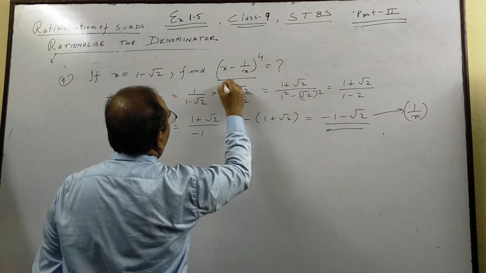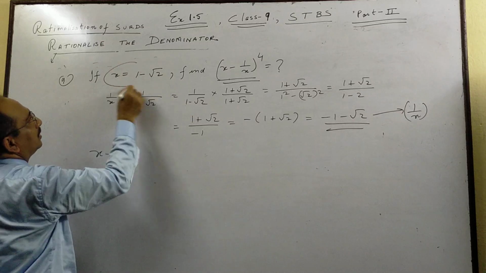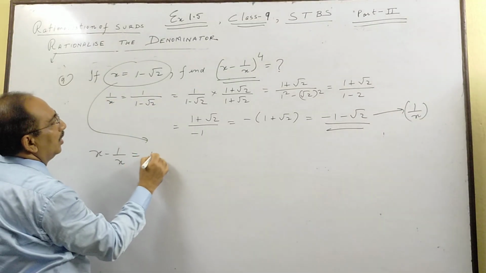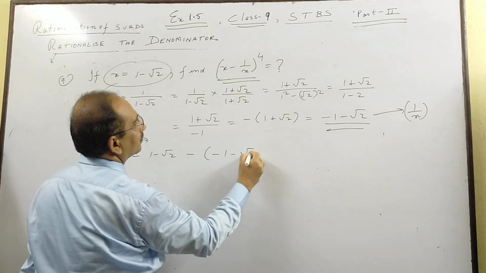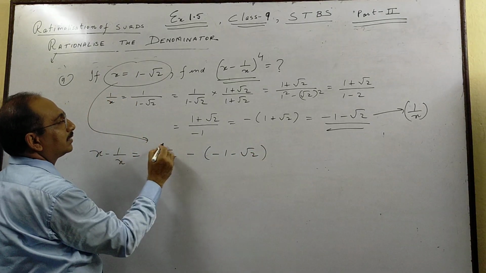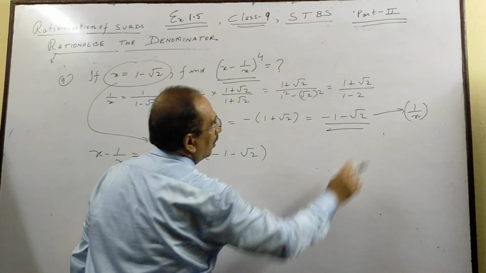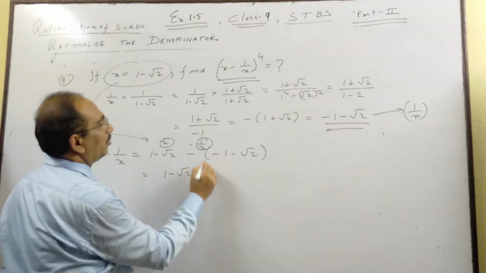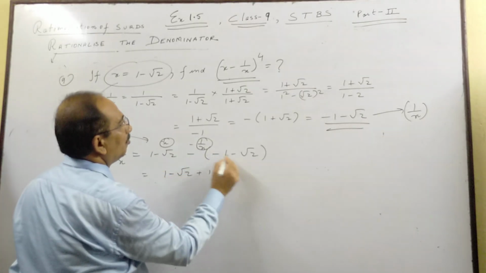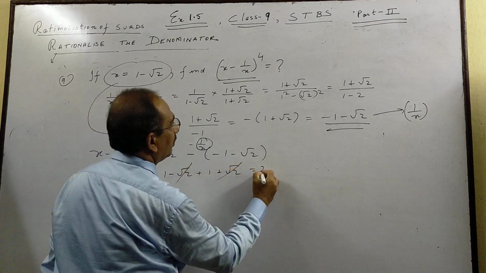So finally to solve this, first we will get x minus 1 by x. This is our x, 1 minus root 2, minus, this is our 1 by x. Let us solve. 1 minus root 2 minus minus plus 1 minus minus plus root 2. This will cancel and we get 2.